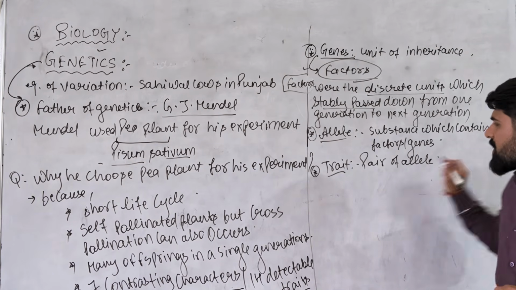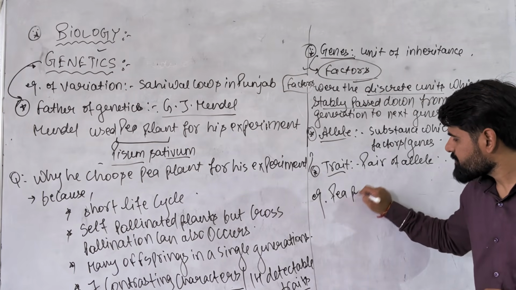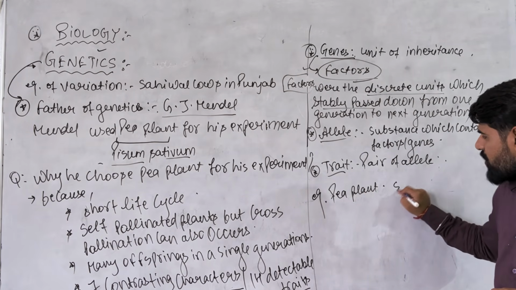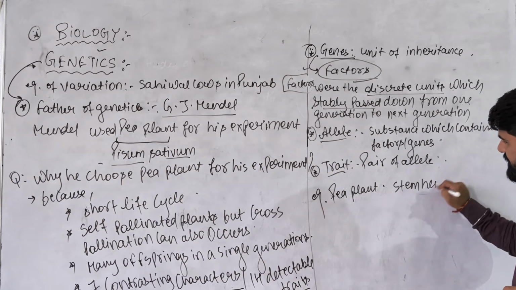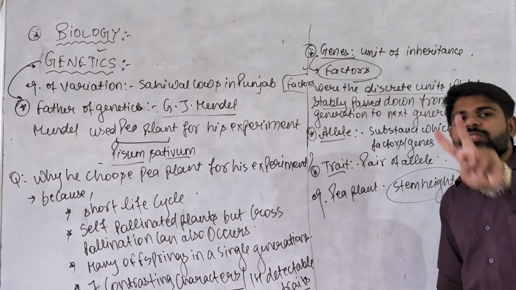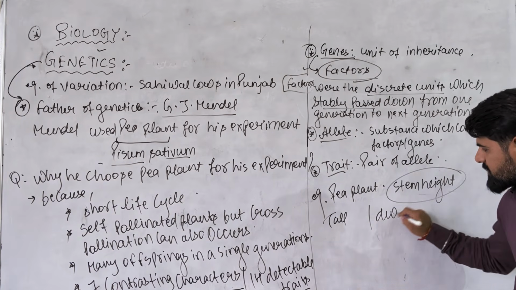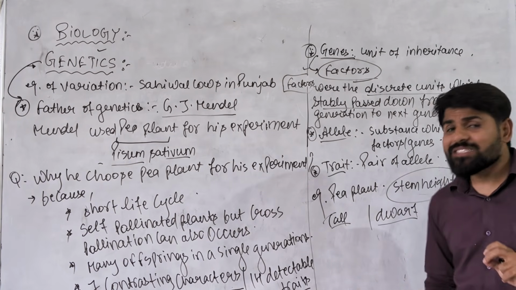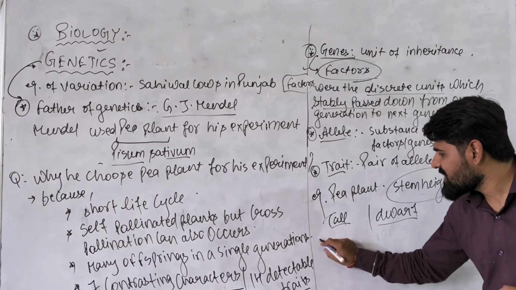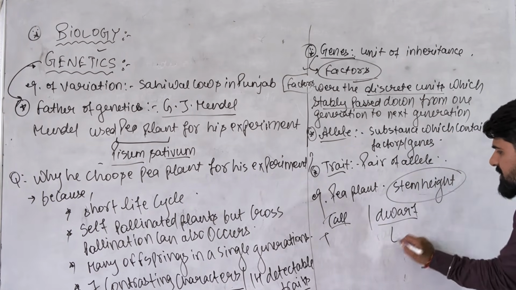Now if I am giving you an example, okay. See, there is a pea plant. I am giving an example of stem height. So stem height, either two things. One is tall or other is dwarf. If the stem height is tall, the allele is capital T, and if the stem height is dwarf, the allele is small t.